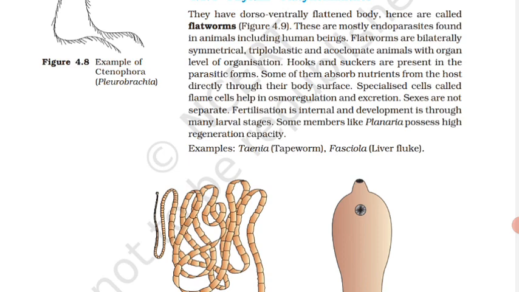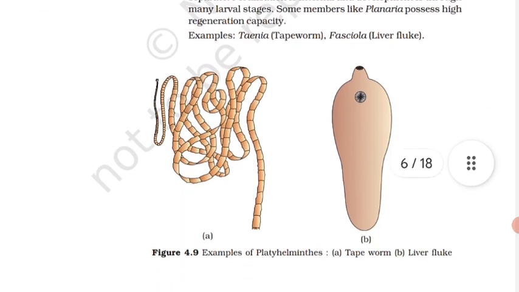So let's proceed to the next phylum, Annelida. They may be aquatic, marine and freshwater, or terrestrial, free-living and sometimes parasitic. They exhibit organ system level of body organization and bilateral symmetry.